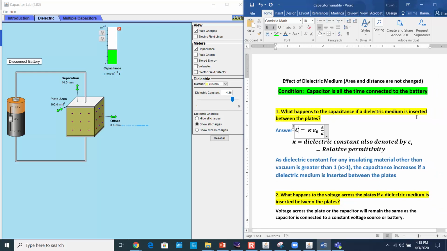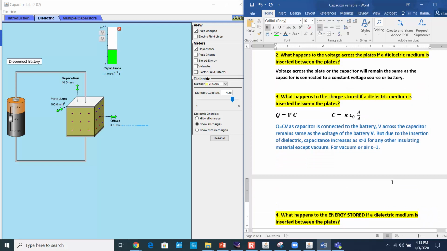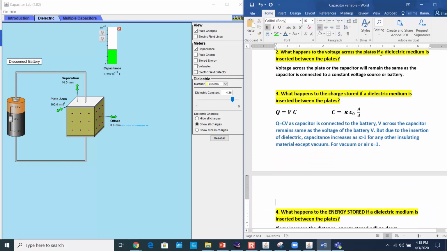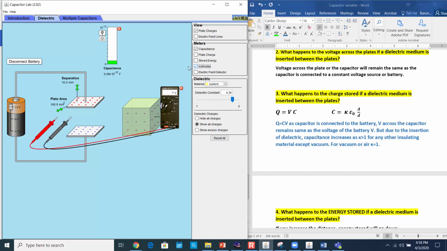So the second question: what happens to the voltage across the plates if the dielectric medium is inserted between the plates? Let me take out the dielectric medium. Now I'm going to change the voltage to 1.5 volts, and we can also measure the voltage across these two plates by using a voltmeter.